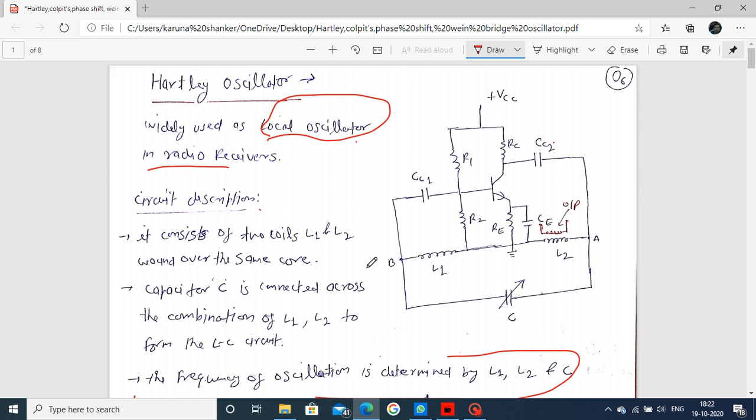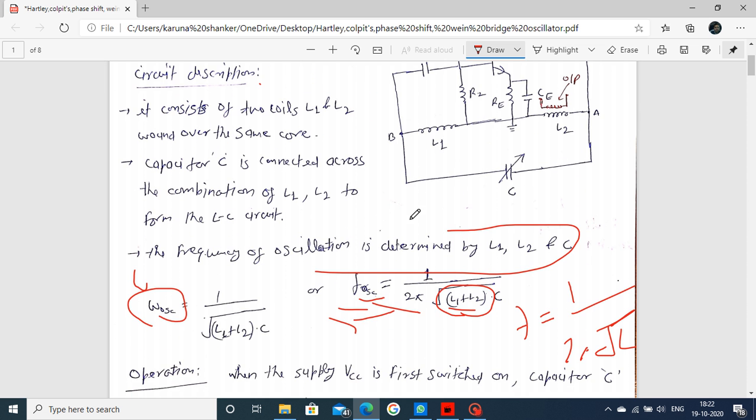Here is the circuit description. It consists of two coils, L1 and L2. L1 and L2 are wound over the same core.